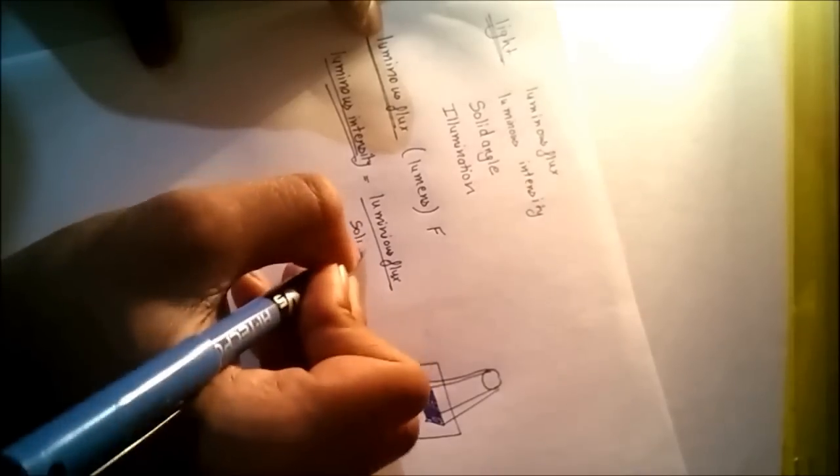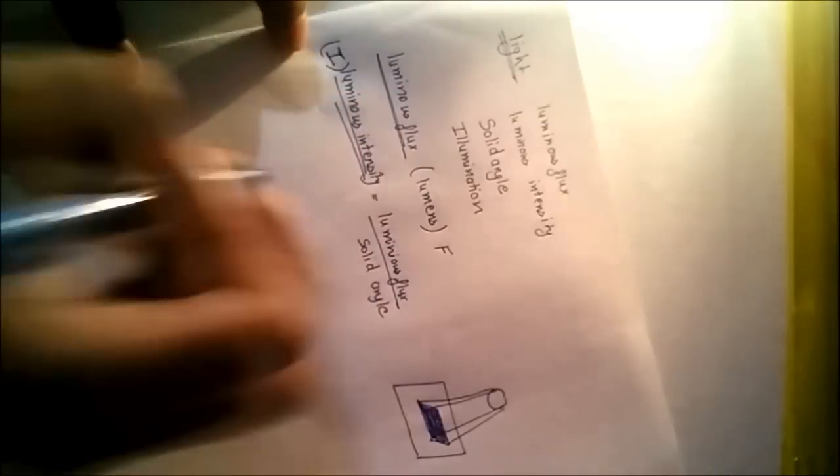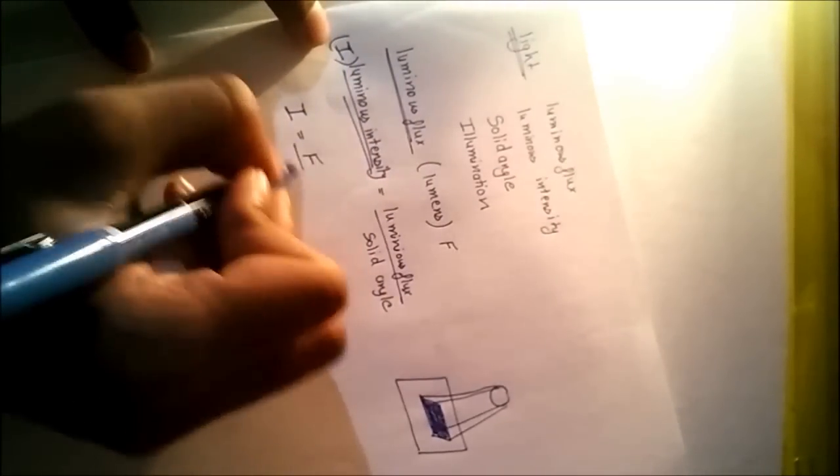Luminous intensity is the luminous flux per solid angle. We denote luminous intensity by I, means I is equal to F upon omega.